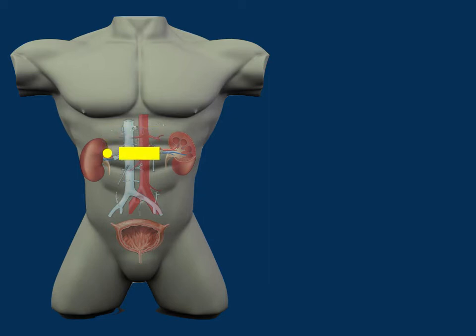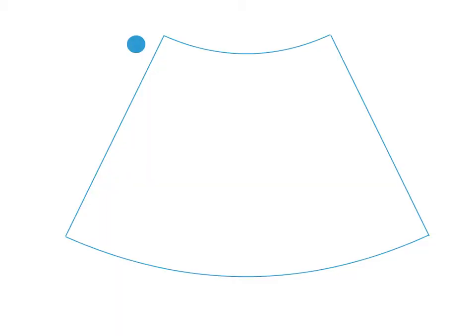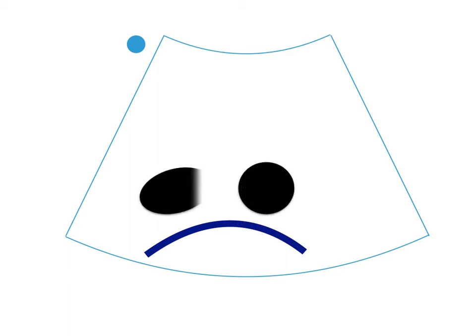If we go a little bit more inferior, in the same epigastrium, we will move into this scheme: vertebral body, aorta, inferior vena cava, and different other structures.